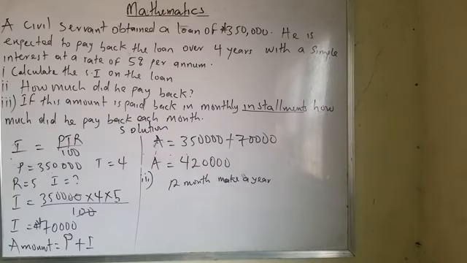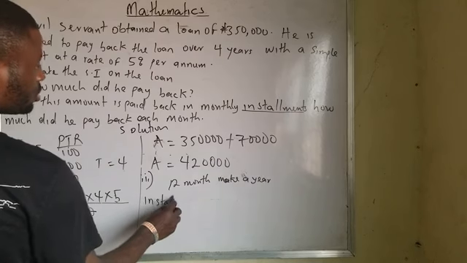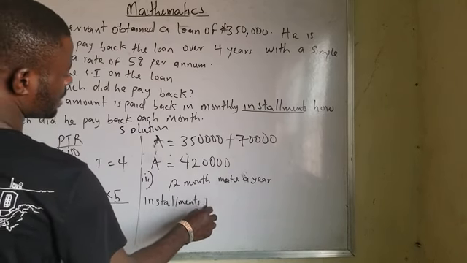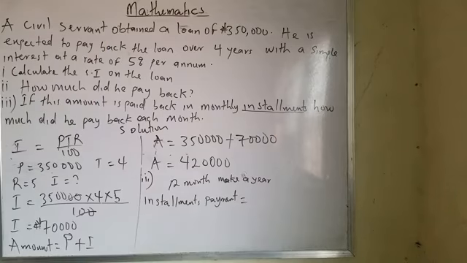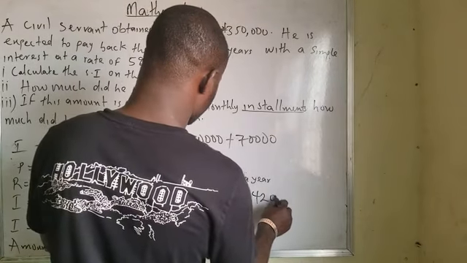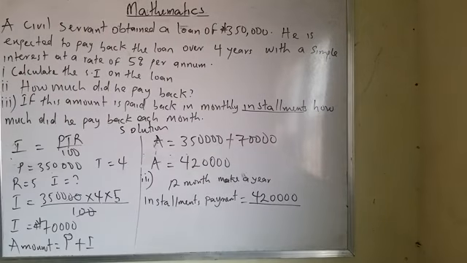Once you know that, it means the installment payment will be equal to the amount, 420,000, divided by how many months?